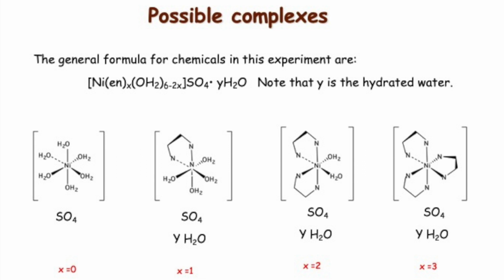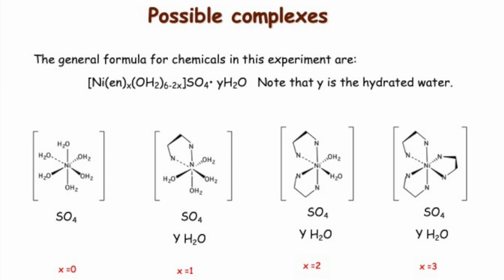Anything outside of that, like if I have a water out here somewhere, would be outside the coordination sphere. Water will always be there because your products could be wet. And so we put Y as a variable, H2O. But if X is 0, you've got 6 waters, 1 sulfate, and various amounts of water outside the coordination sphere.